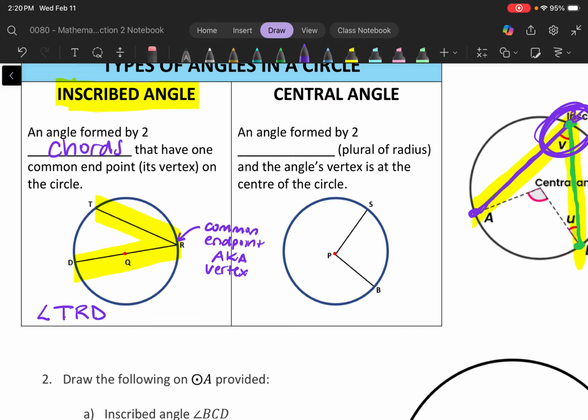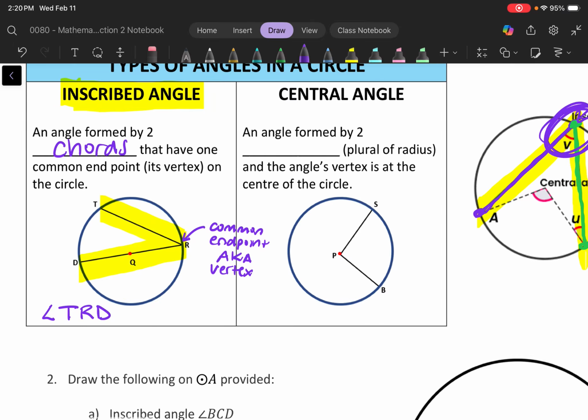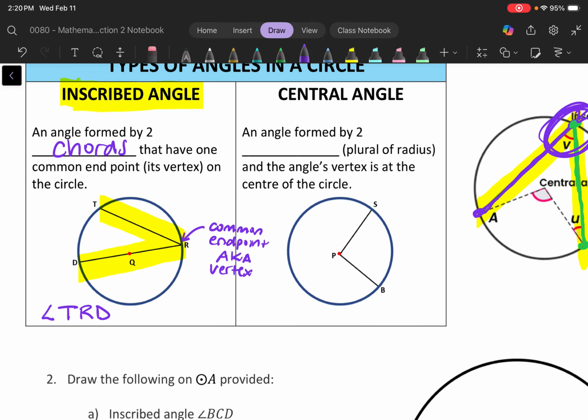It kind of looks like turd, but hopefully you also have a childish mind like me and thought that was hilarious. Okay, but keep in mind that when I have this inscribed angle, it is made up of 2 separate chords. They have that common endpoint, which is the vertex, and then together they make an inscribed angle.